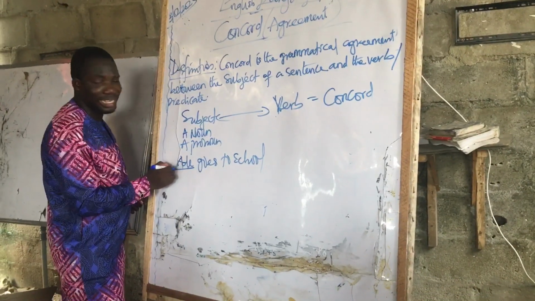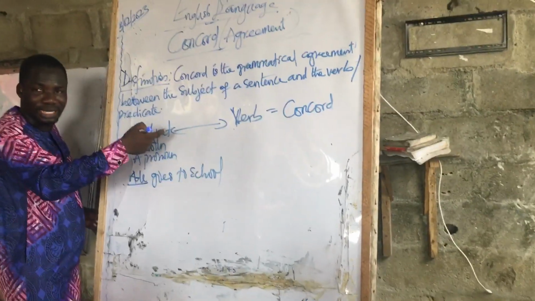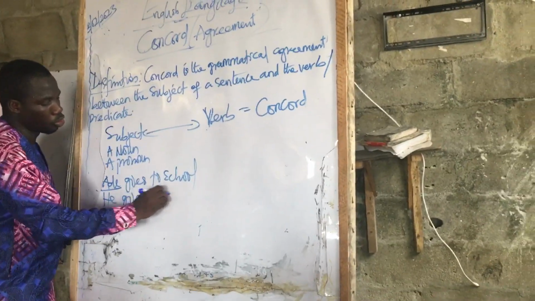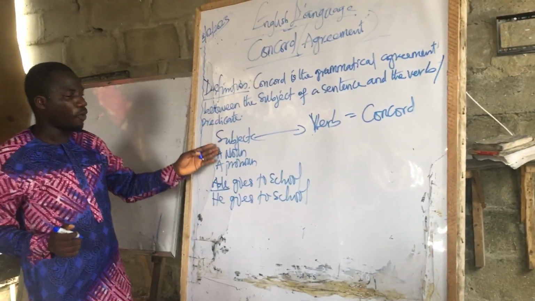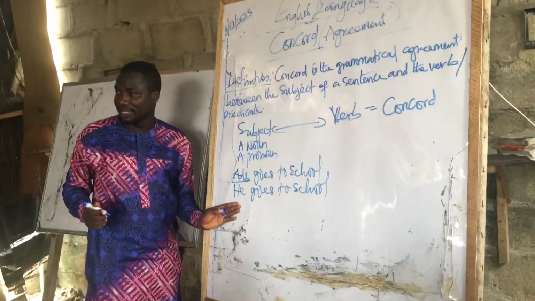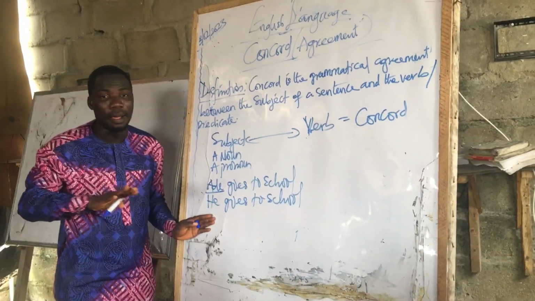Here, Ade is a noun, right? And you can change that Ade to a pronoun and it becomes: He goes to school. So, for any doubt on subject, I think this clears it, right? A subject could either be a noun or a pronoun.